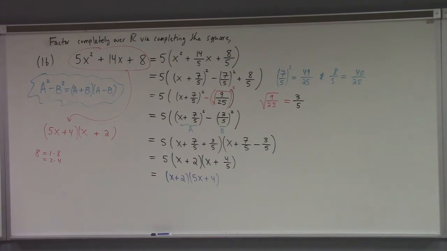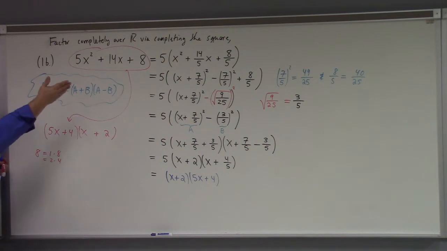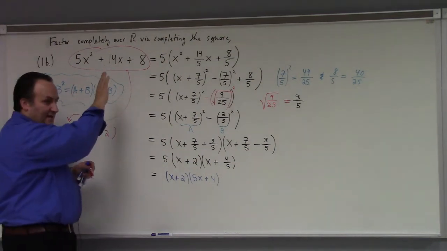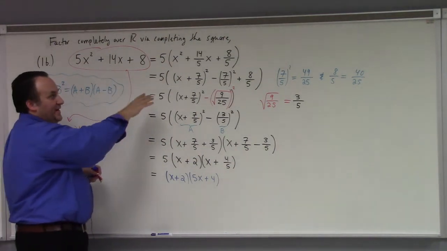So, what I'm advocating here is you should have completing the square as a method of factoring as a fallback. If this, what I wrote in red, doesn't work for you, if you can't see your way through the numbers, you can fall back on completing the square. There's no guessing in here. There's not a single guess in all of this. It is an algorithm.